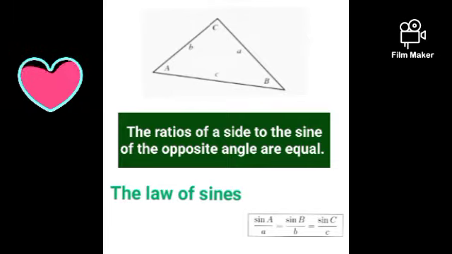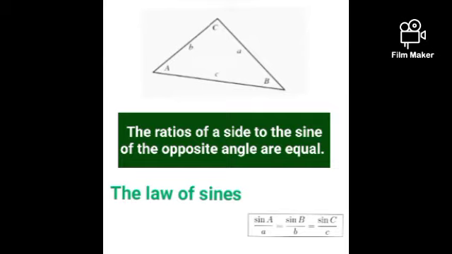The law of sines says that these three ratios are equal. But this is not the law of sines that we will use in solving spherical oblique triangles, although the law of sines for solution of oblique spherical triangles is very much similar to this law of sines in plane trigonometry.